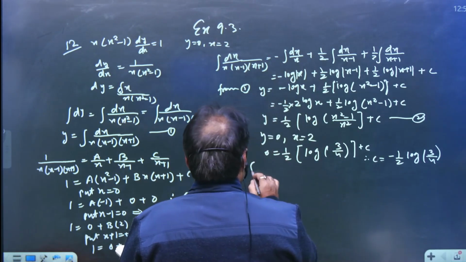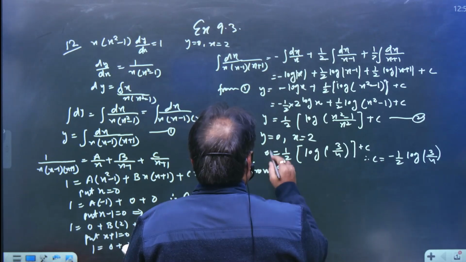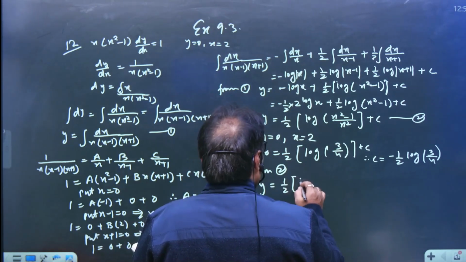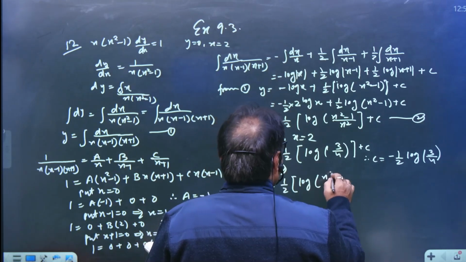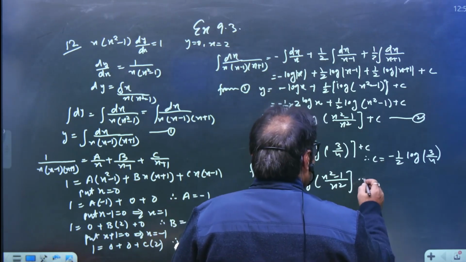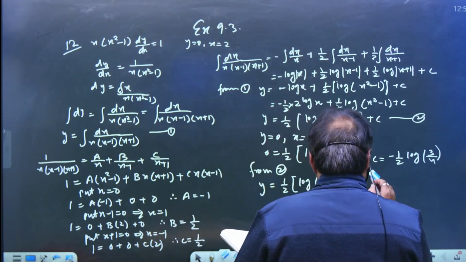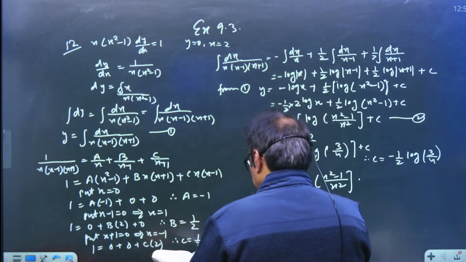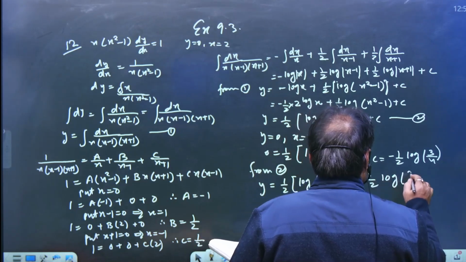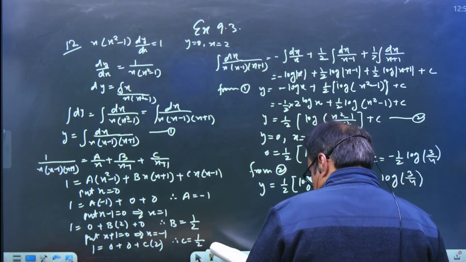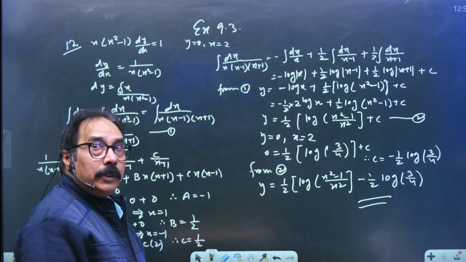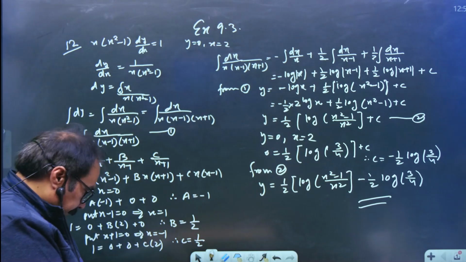So from second result, y is equal to 1 by 2 log of x square minus 1 upon x square, and put the value of c. C is minus 1 by 2 log of 3 by 4, and this is the final answer of question number 12. Okay.